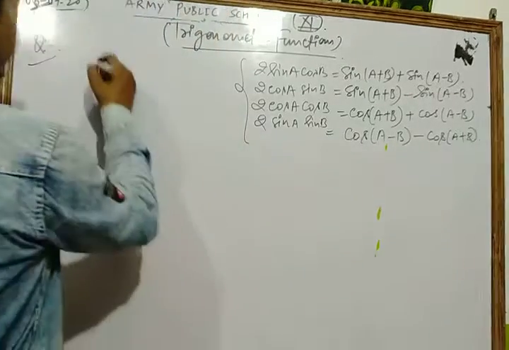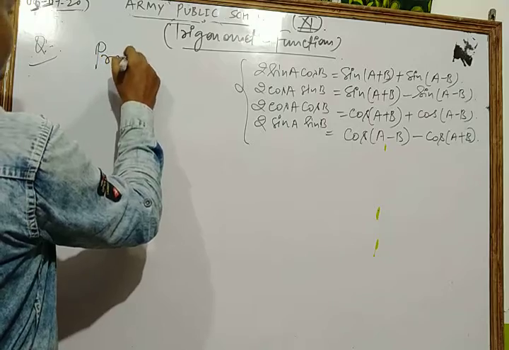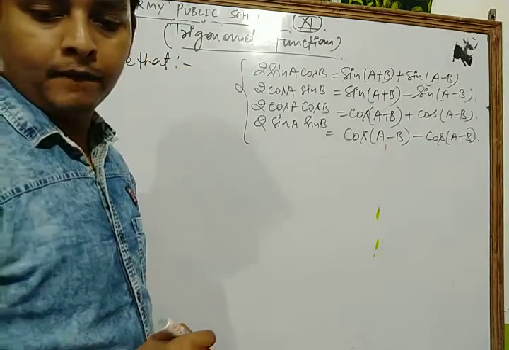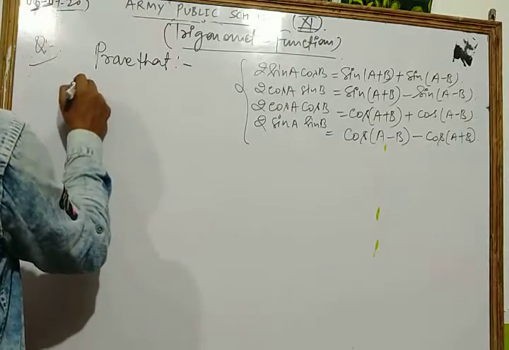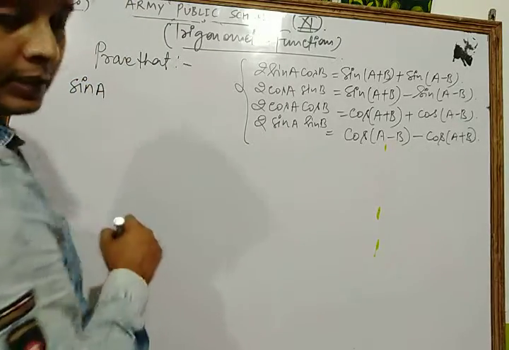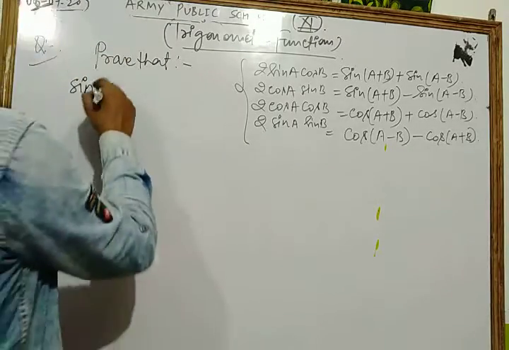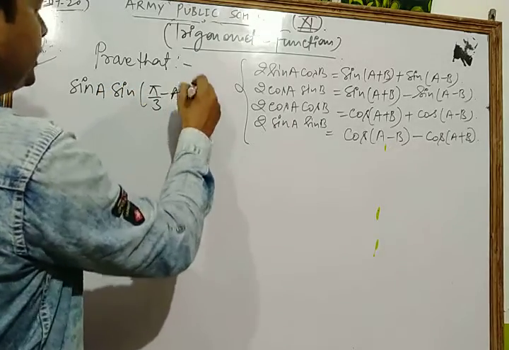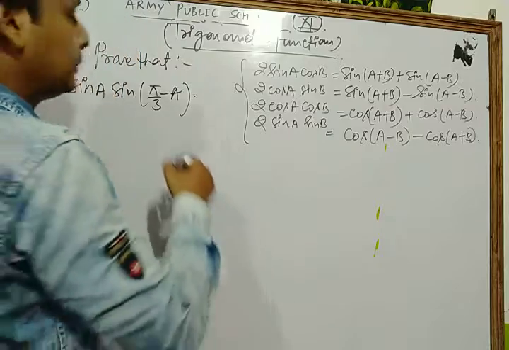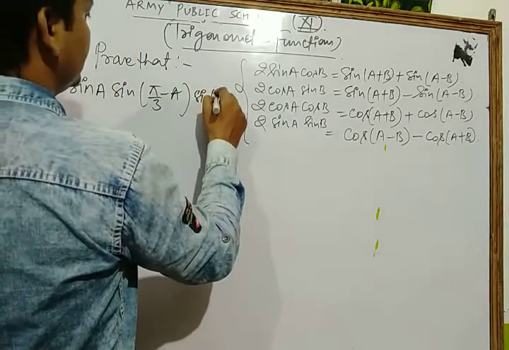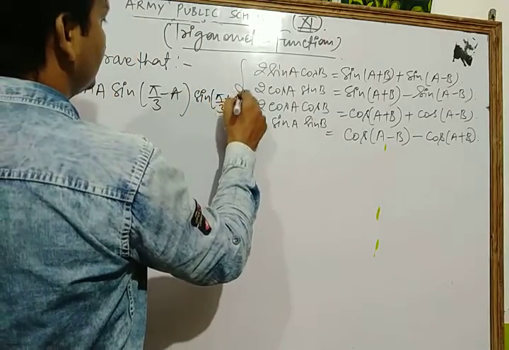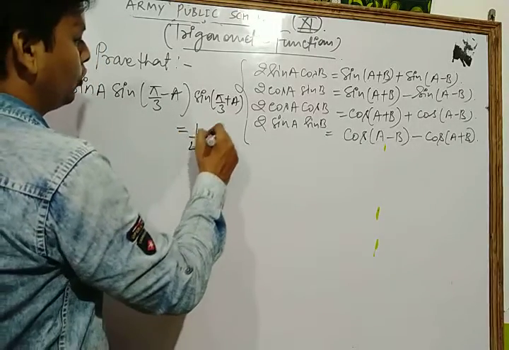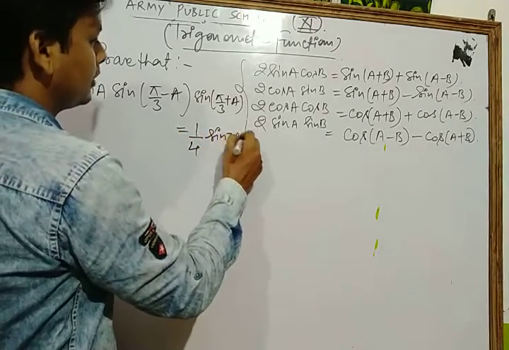Prove that sin A sin(pi by 3 minus A) sin(pi by 3 plus A) is equal to 1 by 4 sin 3A.